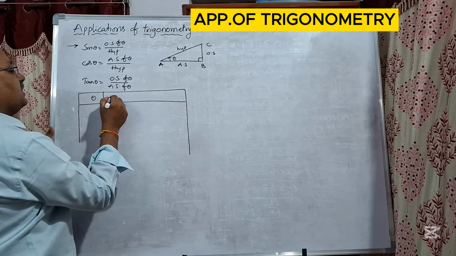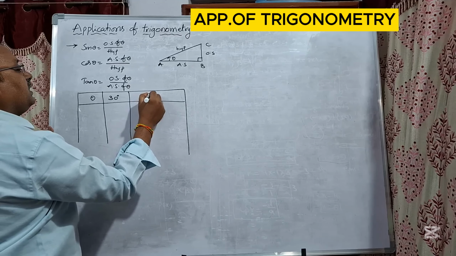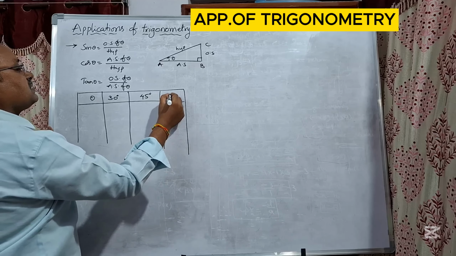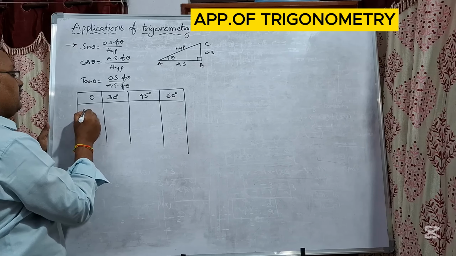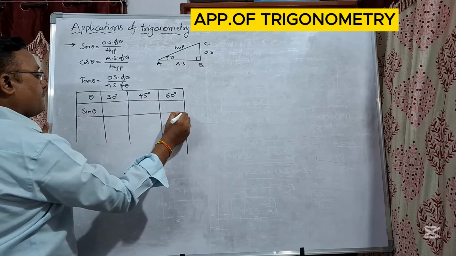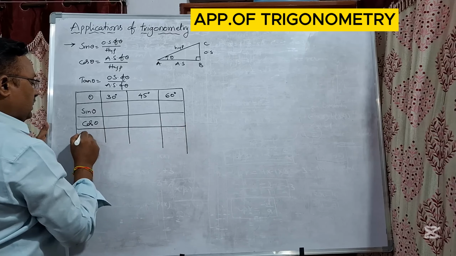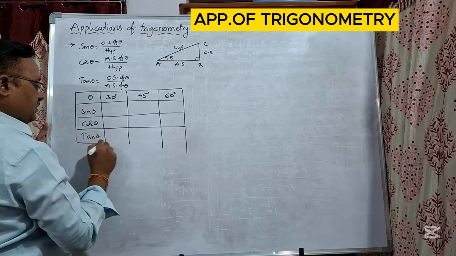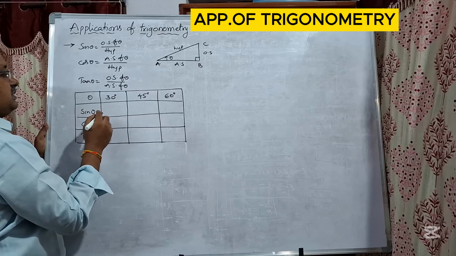If theta is 30 degrees, 45 degrees and 60 degrees, these particular specific angles, we will apply the sin theta values, cos theta values and tan theta values of these angles.